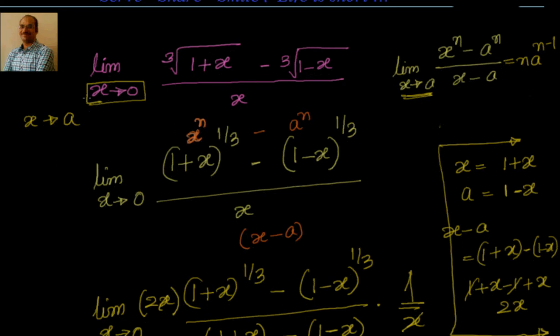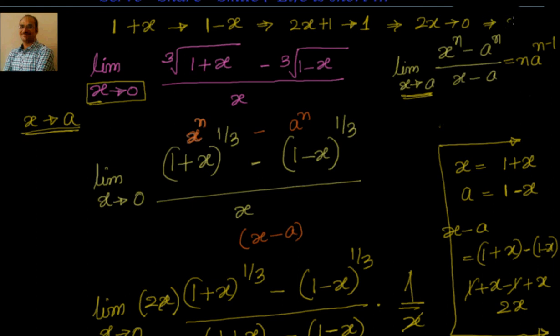We have to understand why we have taken it like that. For that, let's write it here. Now the formula says x tends to a. What is our x here? 1 plus x. 1 plus x tends to a. A is nothing but 1 minus x. Now if you add x on both sides, it will become 2x plus 1 tends to 1, or 2x tends to 0.